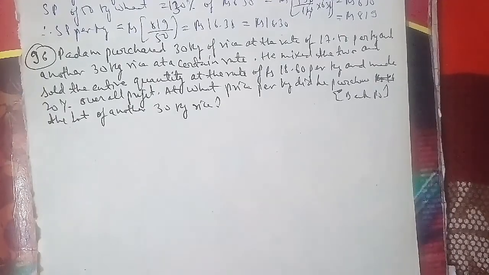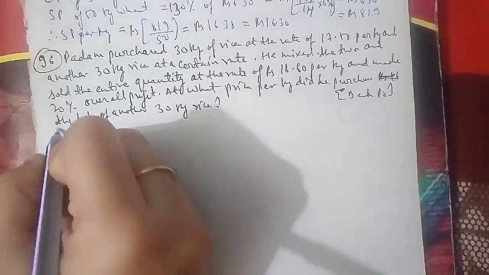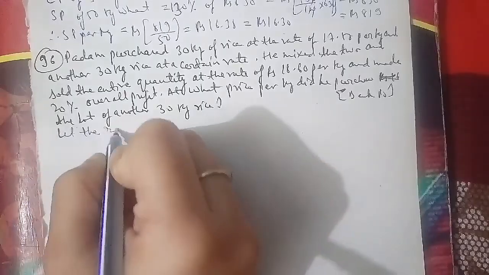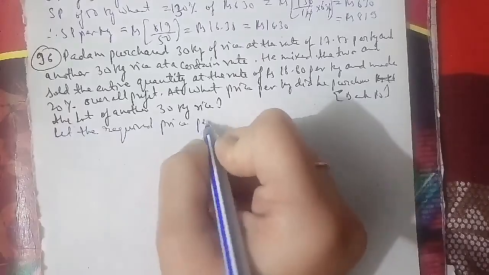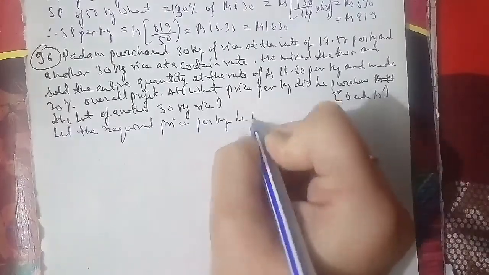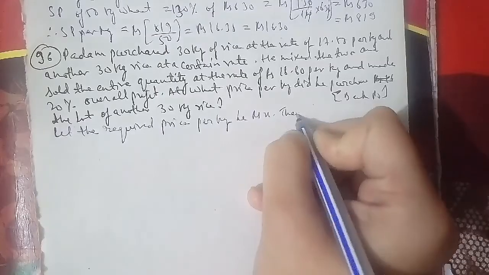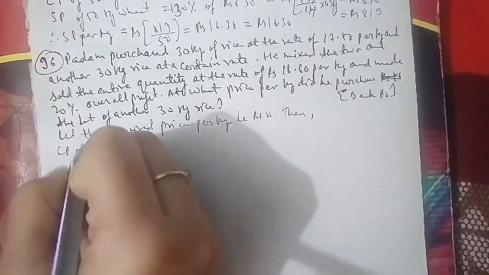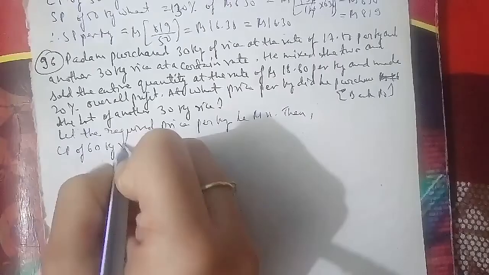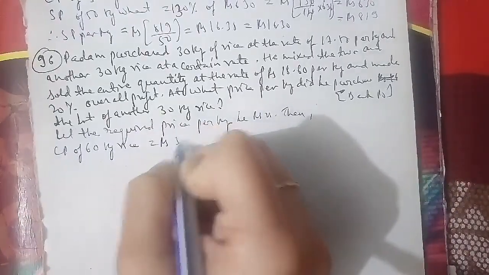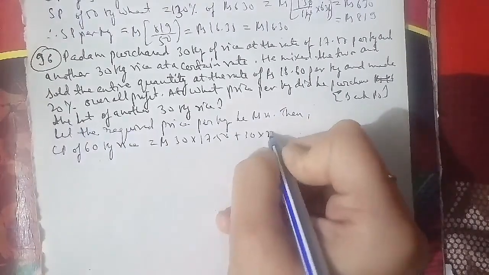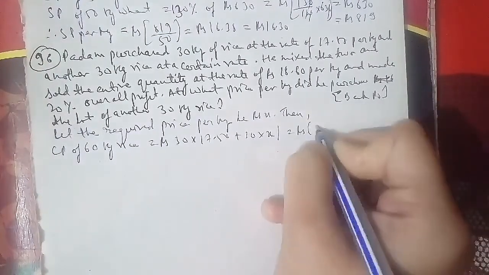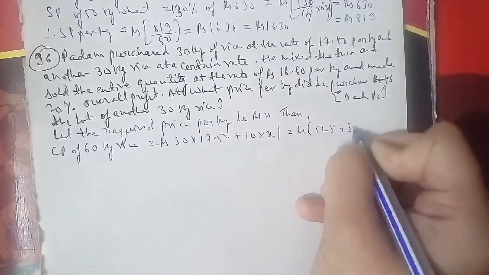So let's find it out. Let the required price per kg be rupees X. Then cost price of 60 kg rice equals rupees 30 into 17.50 plus 30 into X, equals rupees 525 plus 30x.